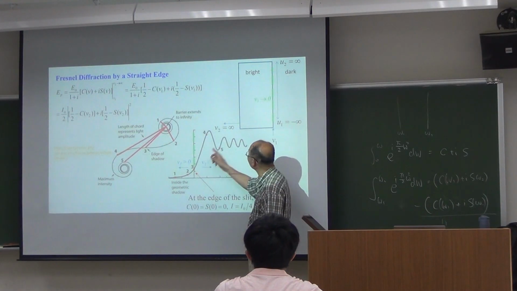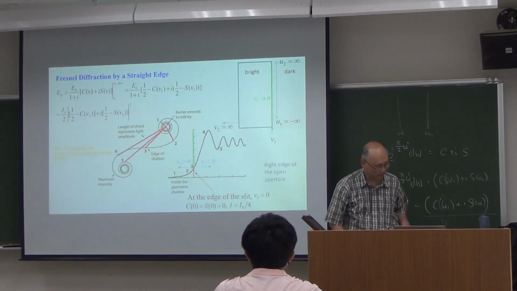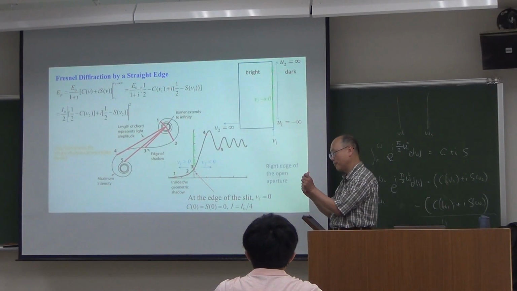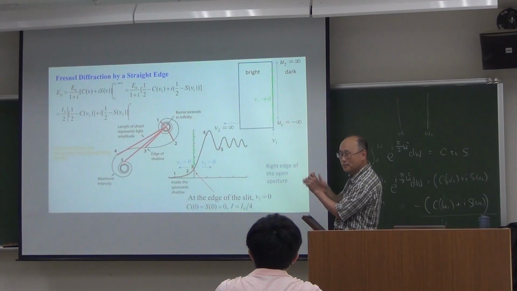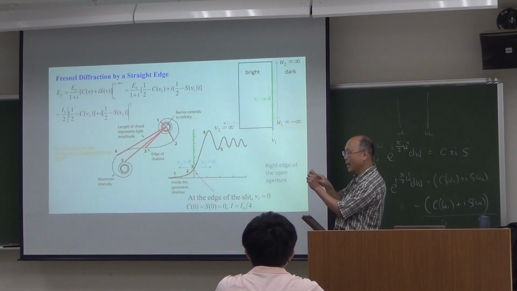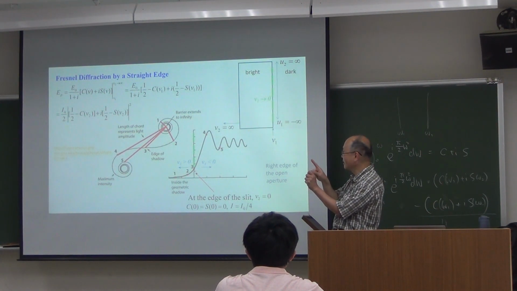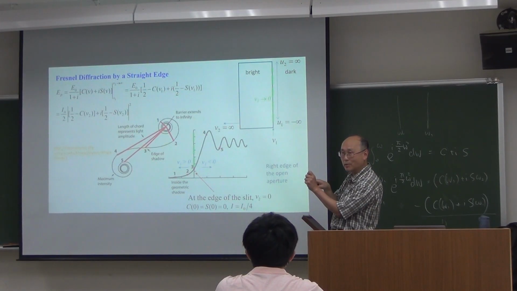Again, if I want to figure out the intensity right in line with this edge, my origin is aligned with this edge, but this edge is also the boundary of the aperture.